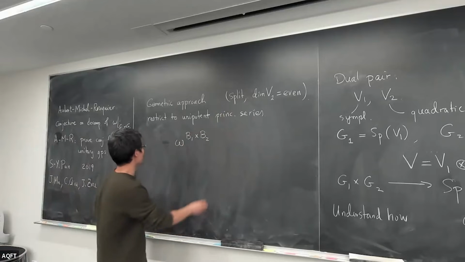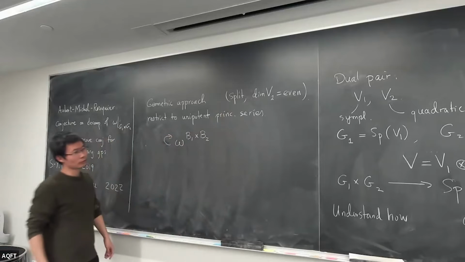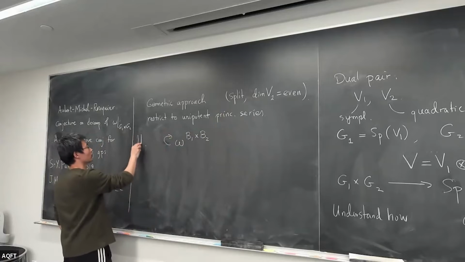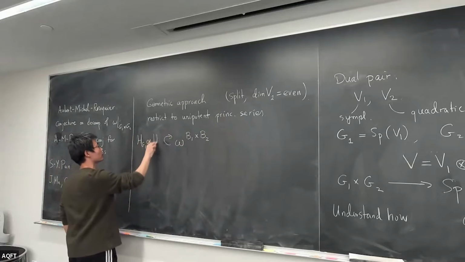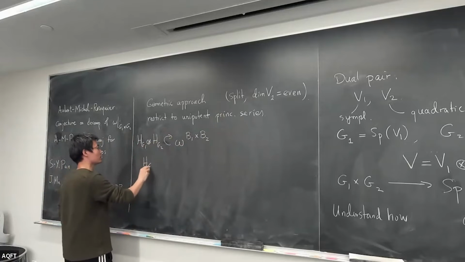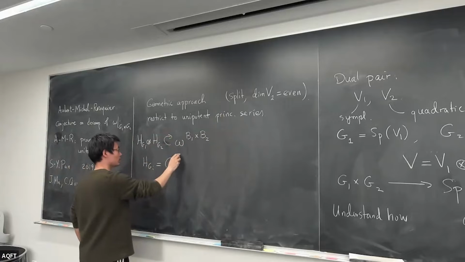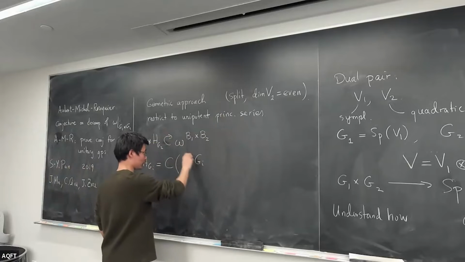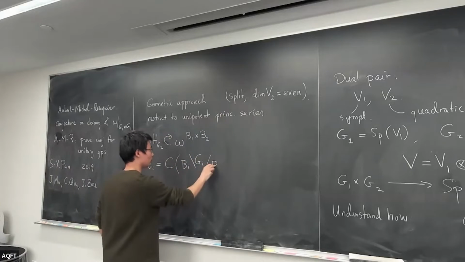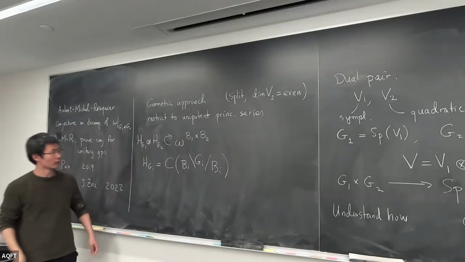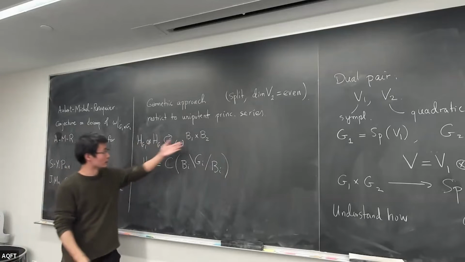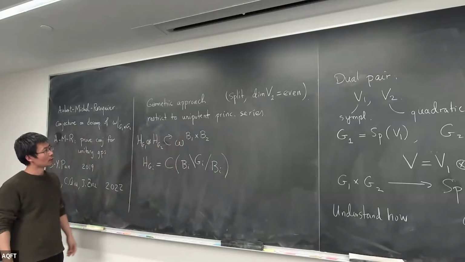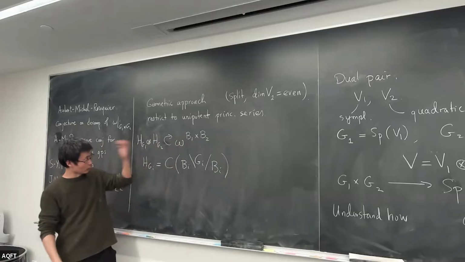This now becomes a module for the Hecke algebra, which is just functions on G_i bi-invariant under the Borel, and naturally it acts on the Borel invariants. So it's a very concrete question.